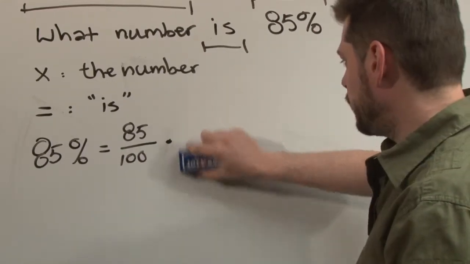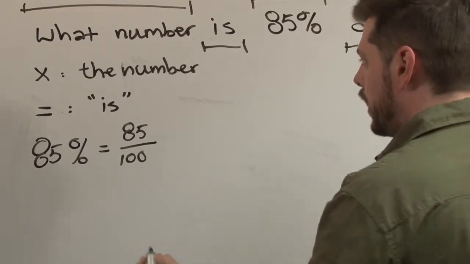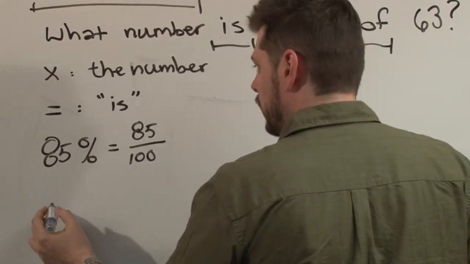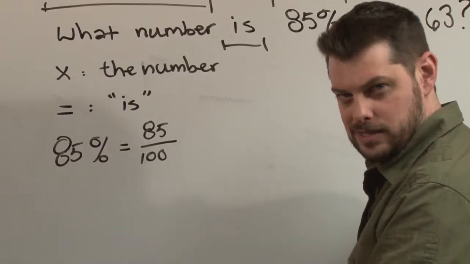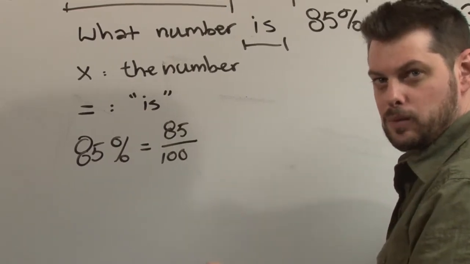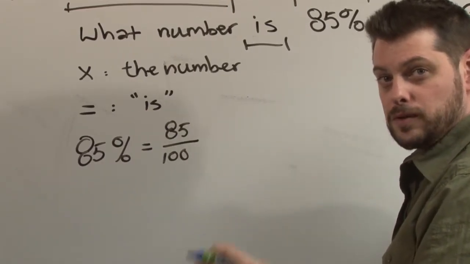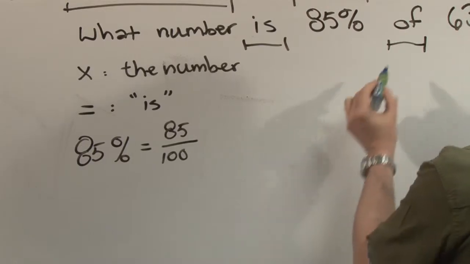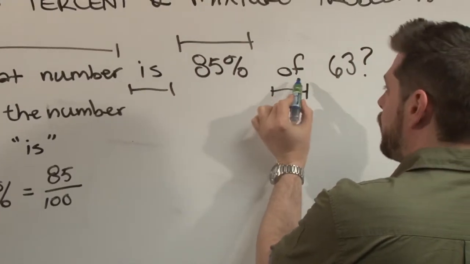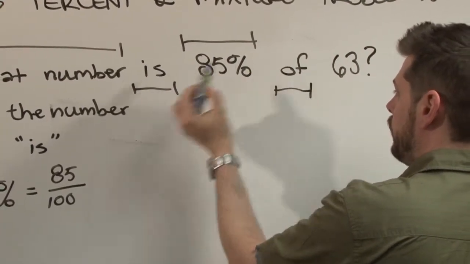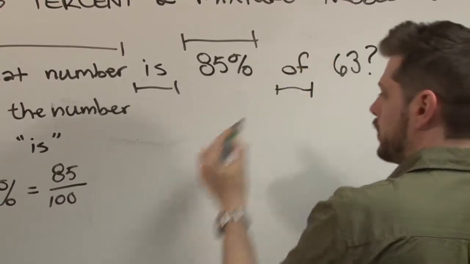And I know it's a little tricky, but anytime that you see the word of, I should say most times that we see the word of, we are dealing with either some product or some division. And in this case, it's going to be a product, because we have a percent of a value.